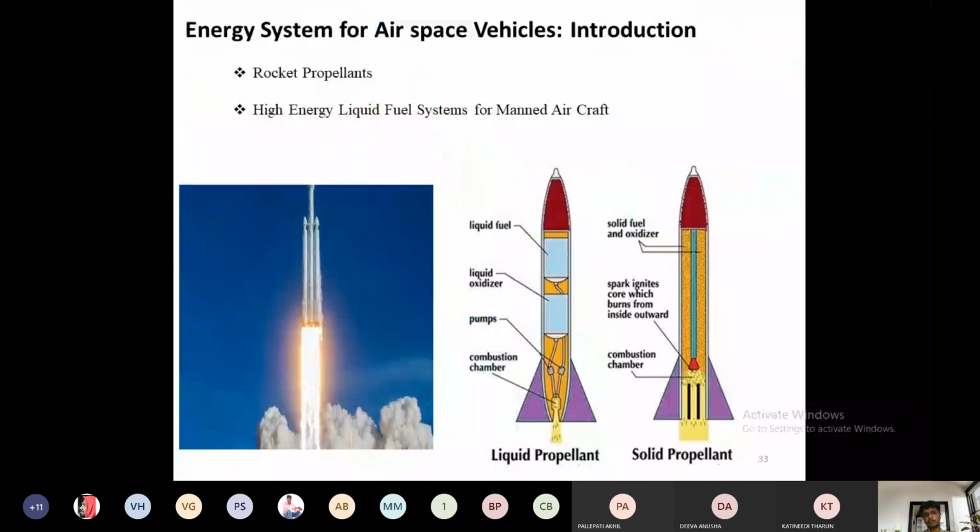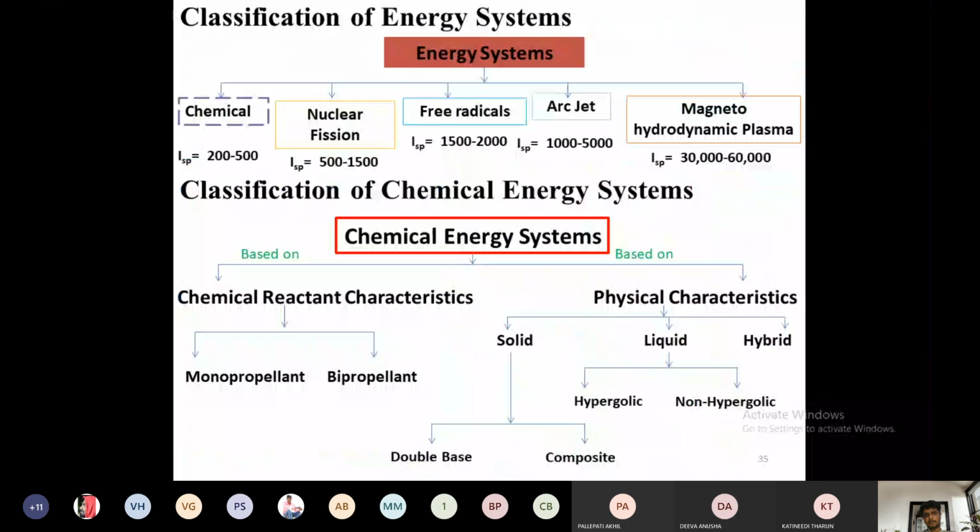Okay, how many types of energy systems do we need to classify? There are 5 different types of energy systems. The first one is the chemical energy system, the next one is the nuclear fission system, the third one is the free radical system, the fourth one is the arc jet system, and the fifth is the magnetohydrodynamic plasma system.